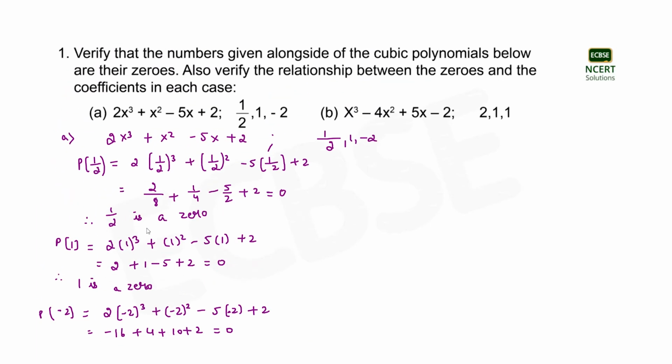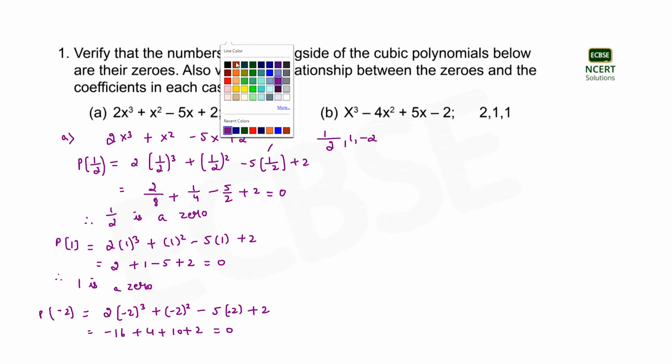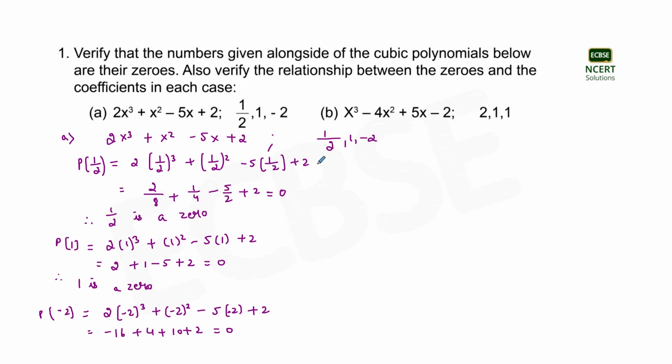Now let us do the verification part. Before proceeding, we have to write the values of a, b, c, d, alpha, beta and gamma. The value of a is equal to the coefficient of x cubed.